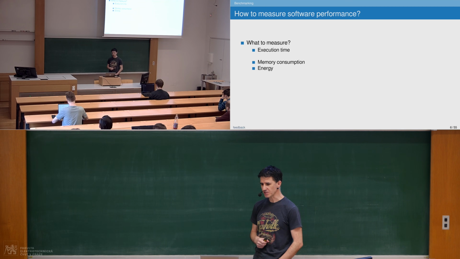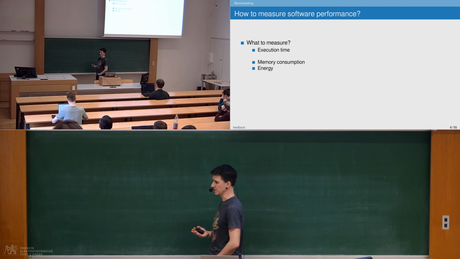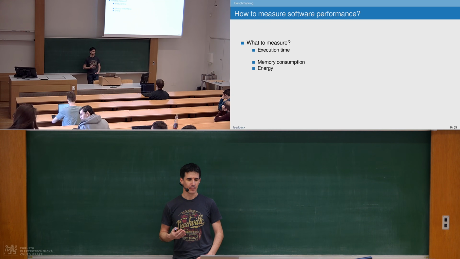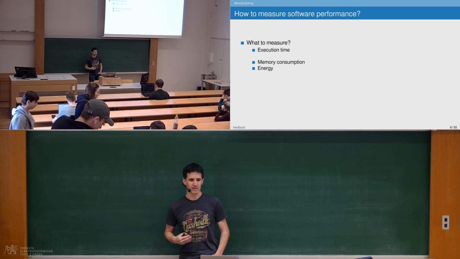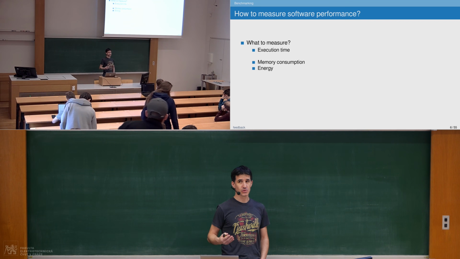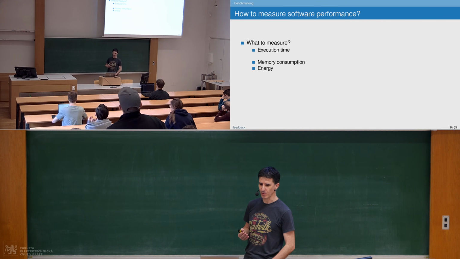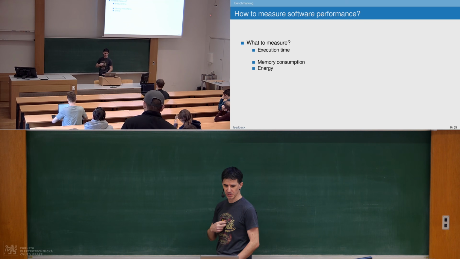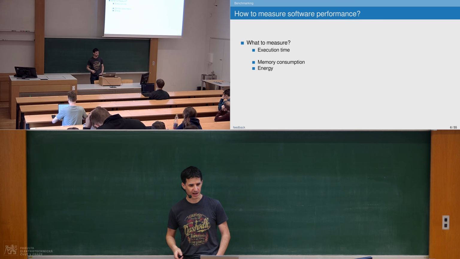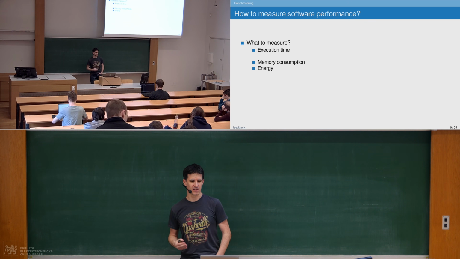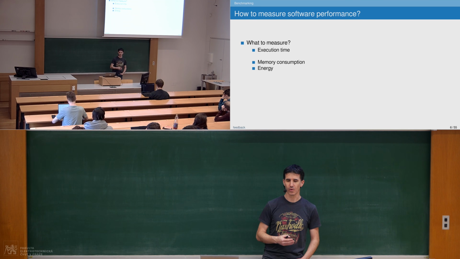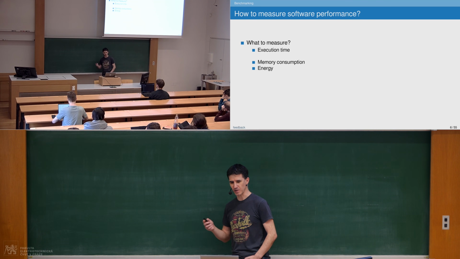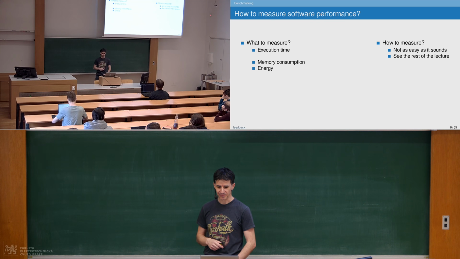So the next question, the most important question, is how to actually measure software performance. There are many things that we can measure. Execution time is probably the most important thing, and most of this lecture is devoted to measuring execution time. But you might also be interested in reducing or improving memory consumption or energy consumption. We will briefly talk about these later.